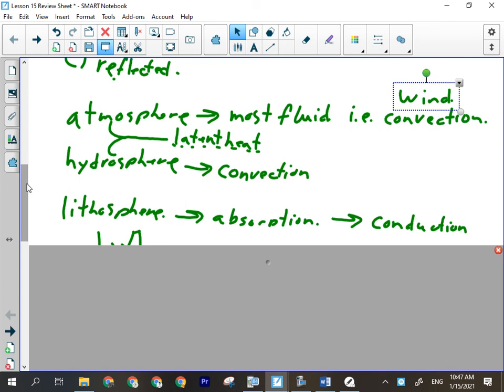So we're talking small scale here. A device could be something like my thermos coffee cup, and how it keeps the coffee hot for long periods of time. How does it do that? Well, it prevents heat loss. It prevents convection from occurring. It prevents conduction from occurring. It prevents radiation from transferring the energy out from the coffee to the surroundings.